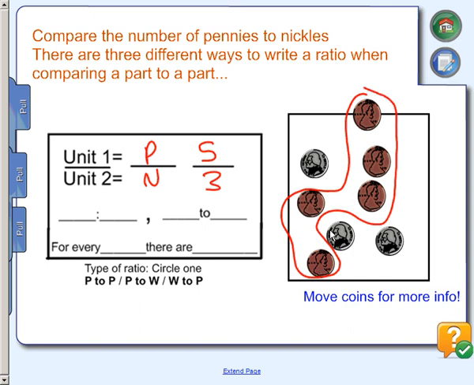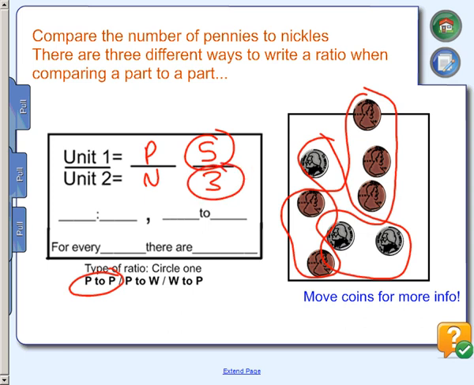Part of them are pennies compared to another part that are nickels. So we're going to call this a P to P. That stands for a part-to-part ratio. Part of the group is being compared to another part of the group.